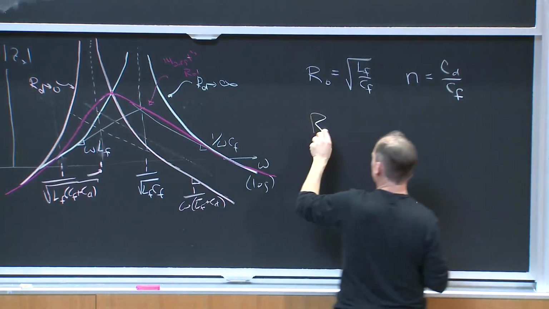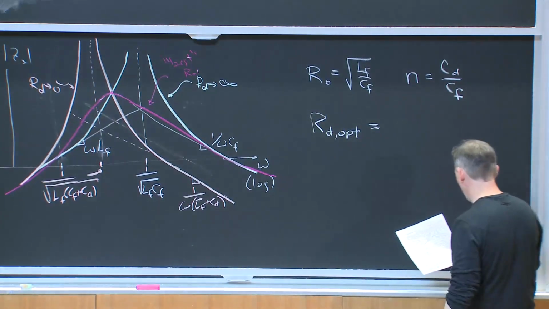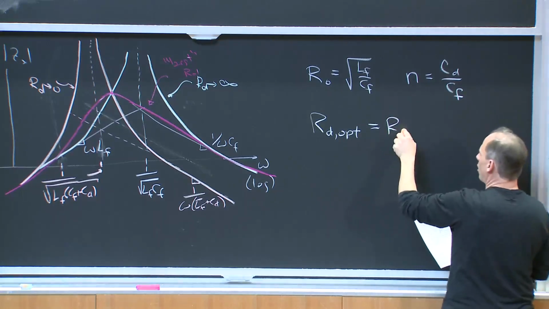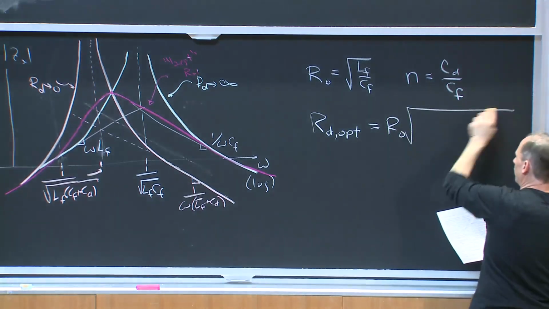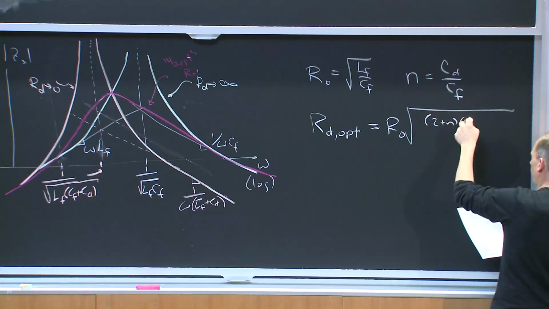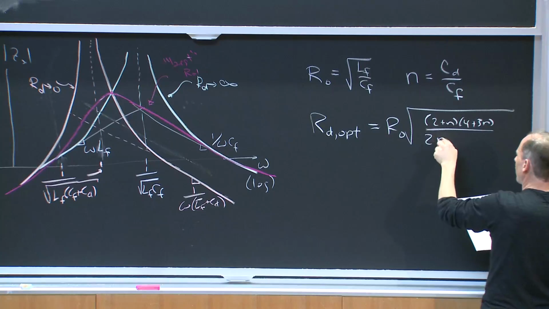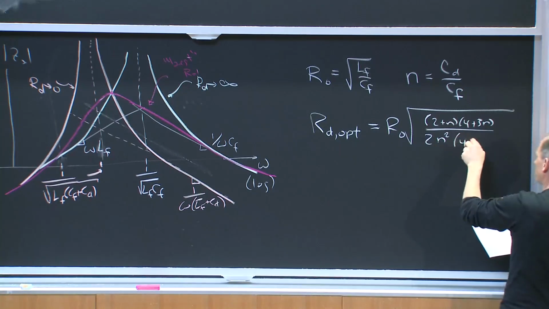opt is equal to R naught times the square root of (2 plus n)(4 plus 3n) divided by 2n squared (4 plus n).